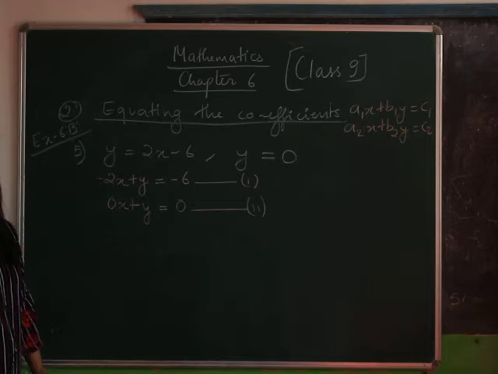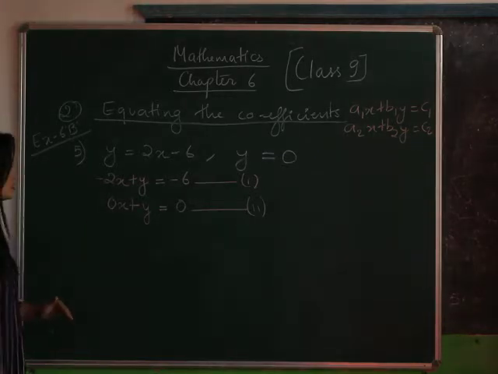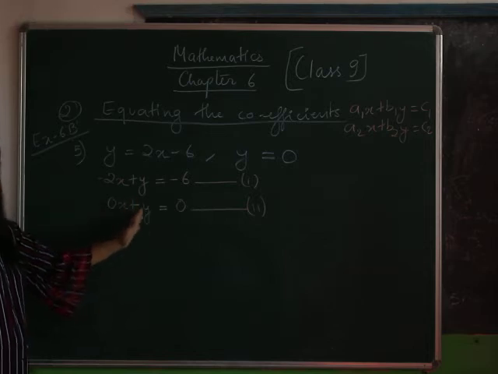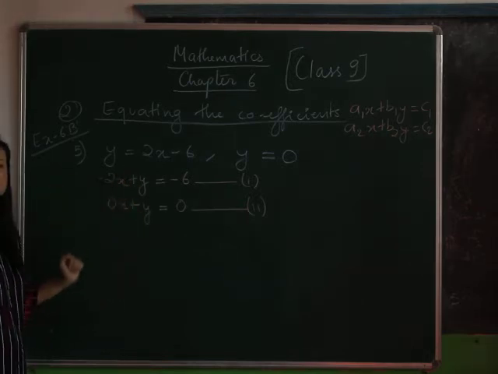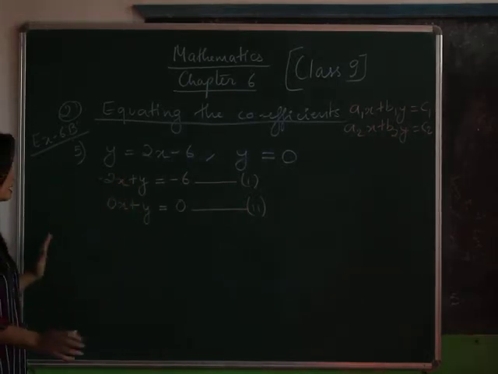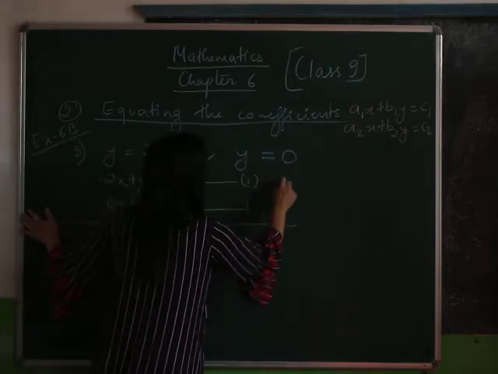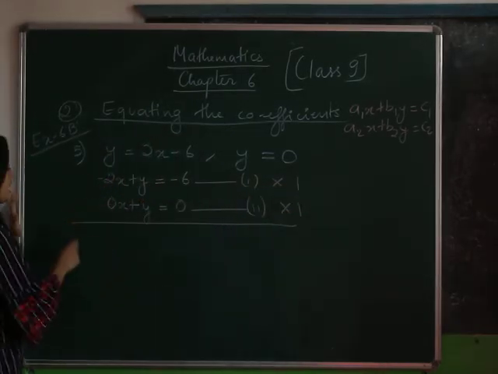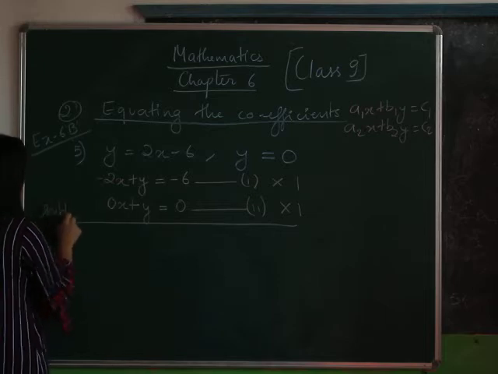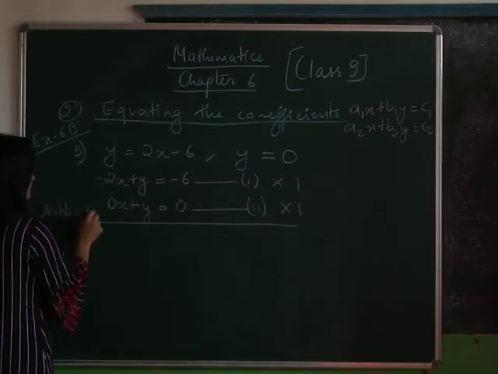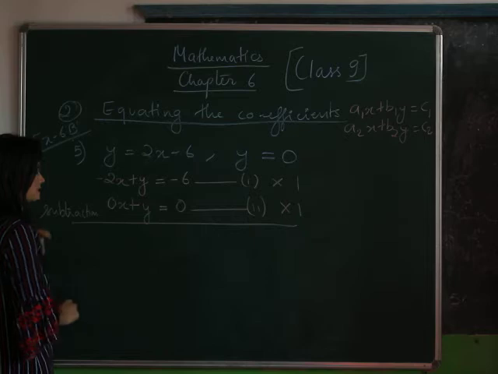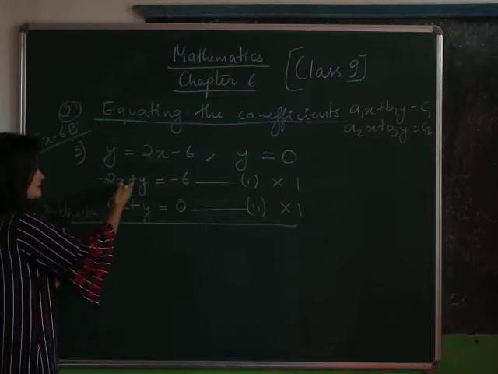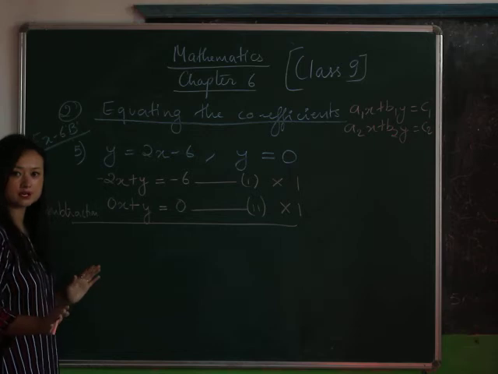Now you need to equate them, you need to make them the same. See, the coefficient of y is 1 in equation 1 as well as in equation 2. So we don't need to multiply; you can straight away write multiplying with 1 for both equation 1 and 2, and do the subtraction directly. Why do we do the subtraction? Because we need to change the sign. If one is minus and the other is plus, you don't need to subtract.